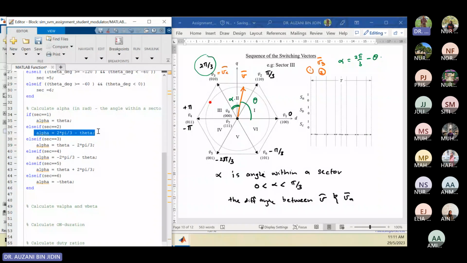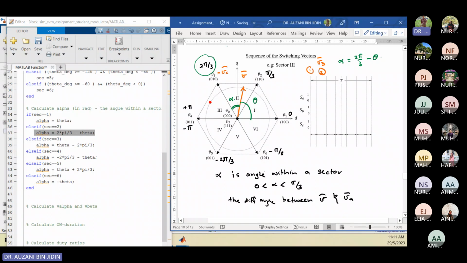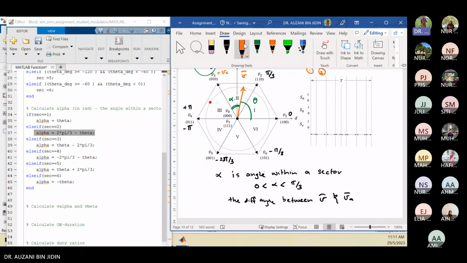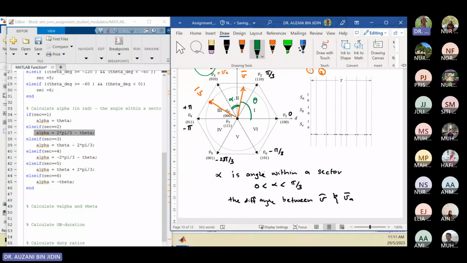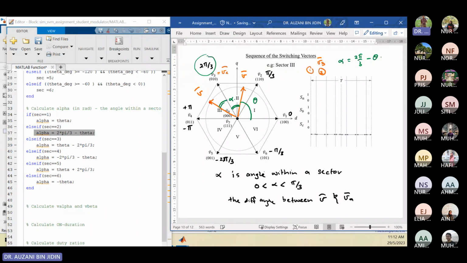Okay, let's go for another example. Let's say now your reference is here, you go for sector number 3. So this is your reference. First you need to identify the adjacent vector, VA, V3. So the alpha will be here. This is your alpha, the angle within the sector when the vector lies in sector 3.